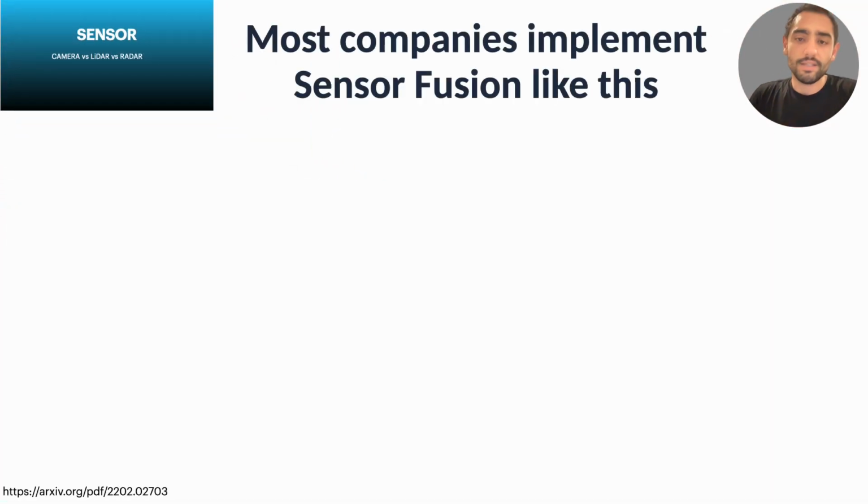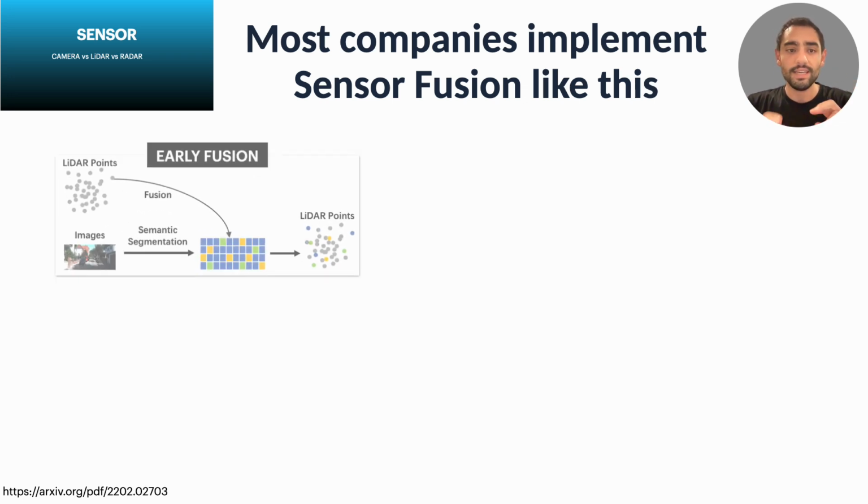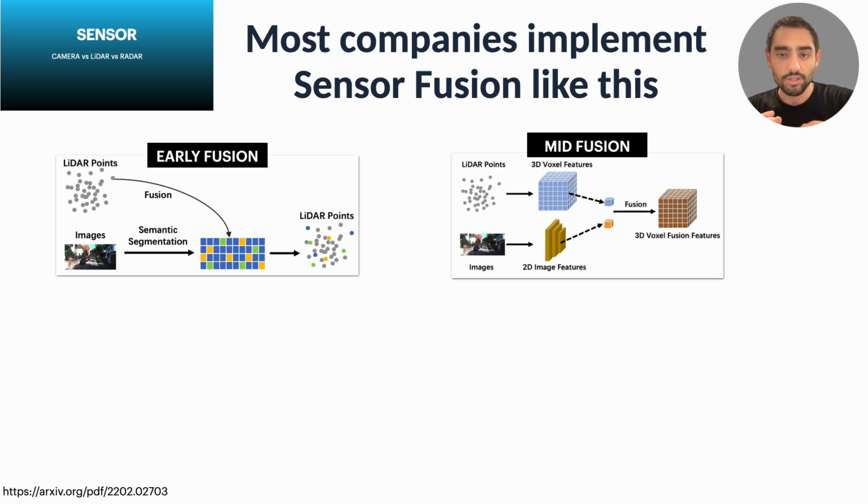So many companies implement sensor fusion. And when they do it, it is either early fusion, for example, which would be fusing the point clouds with, let's say, an image or maybe a semantic mask into a LiDAR point cloud. It could be mid fusion, so they would first process into some kind of CNN features, maybe voxels with 3D CNNs or PointNets, and then they would fuse the intermediate features.